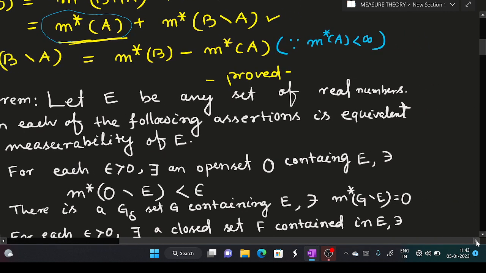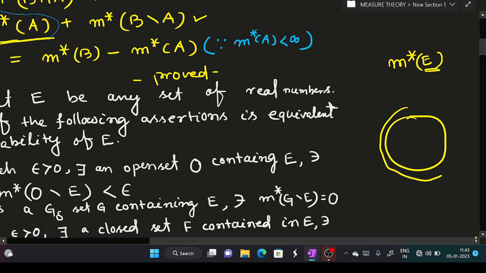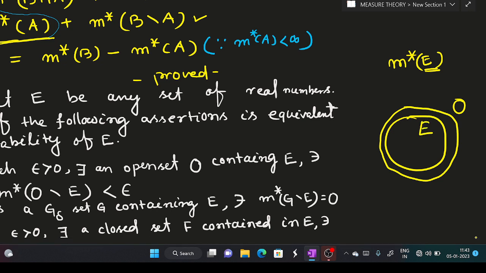Diagrammatically, how is it? If this is my E, and E is given as measurable, then for every measurable set E there exists an open set O. This is the open set O, and this is my set E. So in between, what is the difference?